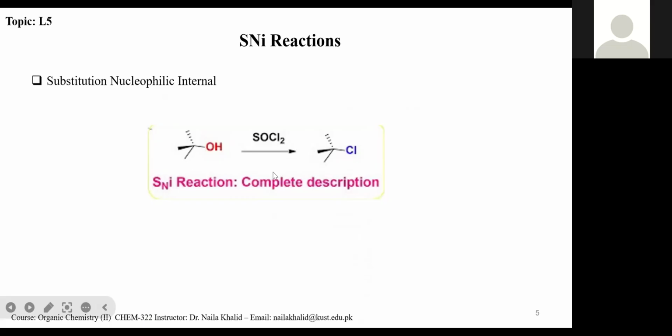But the unique feature of this SNi is that you will see retention of configuration rather than inversion, and no racemization takes place. So this type of reaction is very important, and you will see that the use of thionyl chloride has transformed this type of SN1 or SN2 into SNi, a nucleophile which attacks from the internal side.